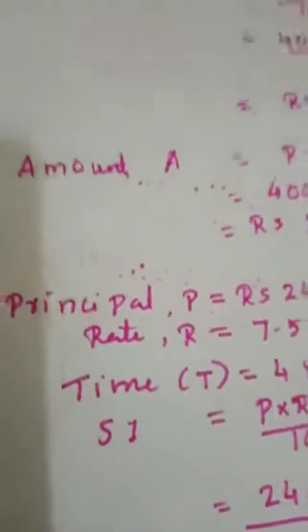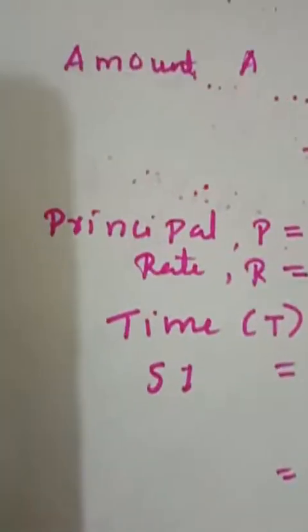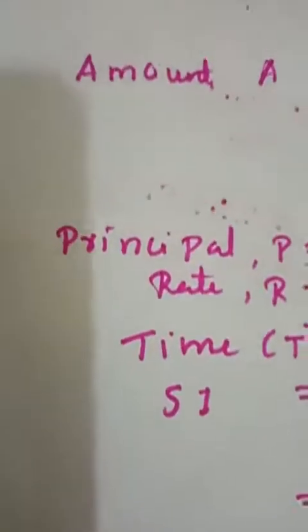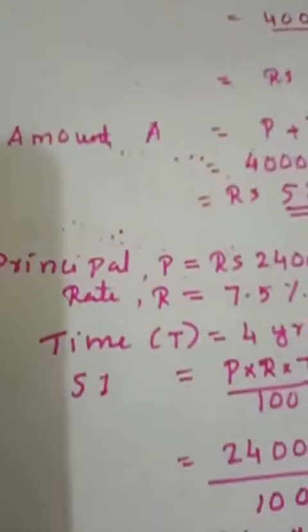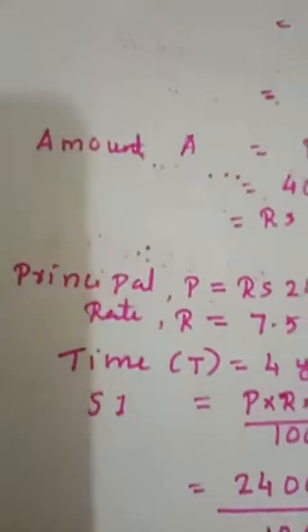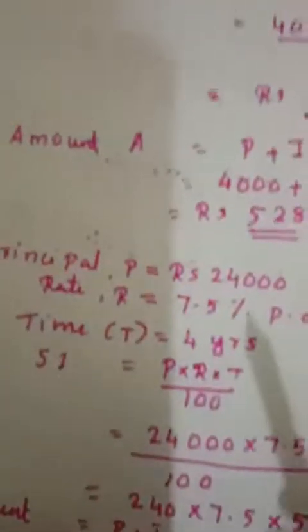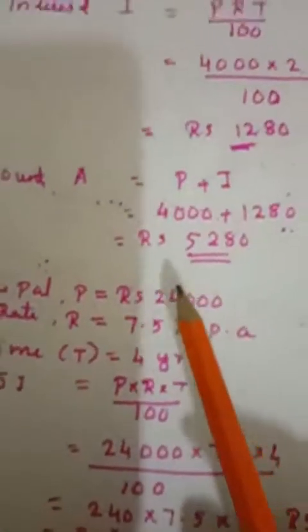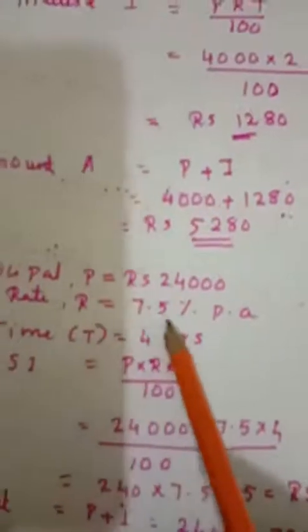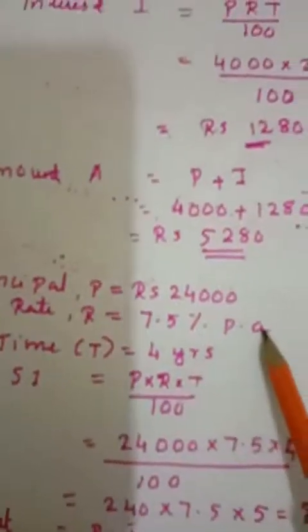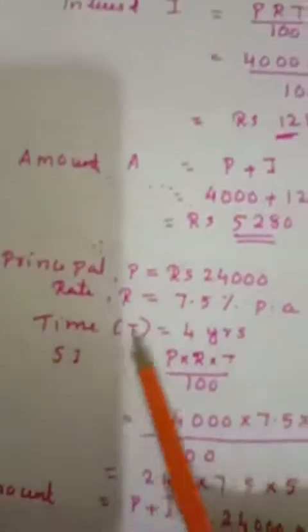Amount A. Before calculating the amount we want to find interest, amount is principal plus interest. So principal P is equal to 24,000. Rate of interest 7.5 per annum, per year. Time period 4 years.